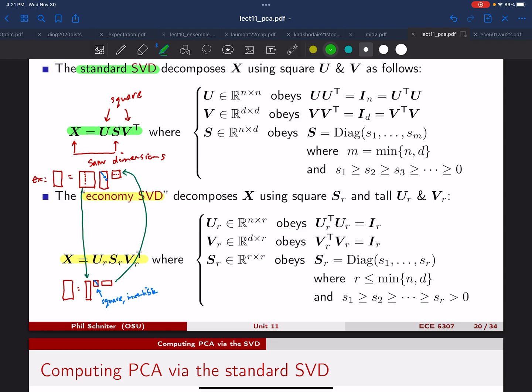So you could say standard SVD is square U and V, economy SVD is square S. In this case, these are square orthogonal matrices here, so you have these nice identities. U times U transpose is identity, but also U transpose times U is identity. In this case, U_R is tall, and so this multiplication is like a wide times a tall. Sorry about that.